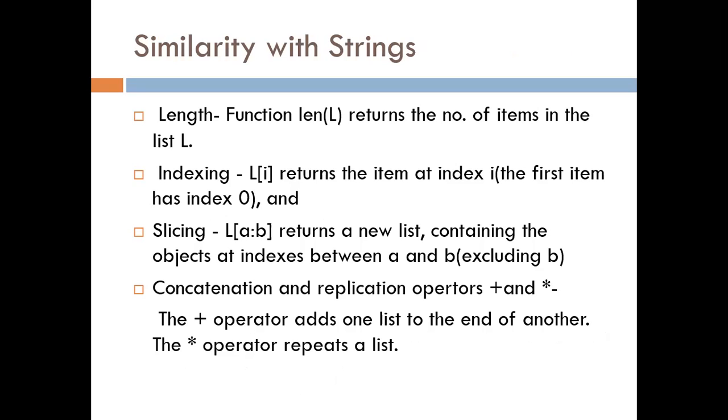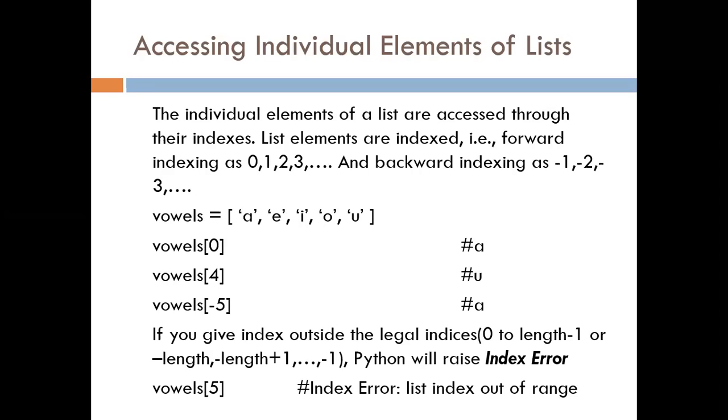Just like string elements, you can access a list in forward indexing as well as backward indexing. So you can use 0, 1, 2, 3 as forward indexing, or -1, -2, -3 as backward indexing. You can access the list elements just like you access a string's element.